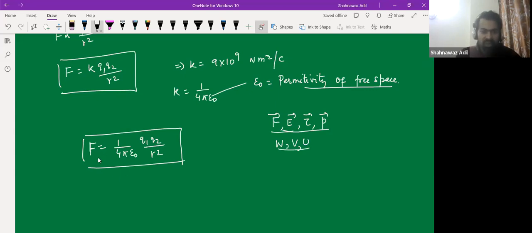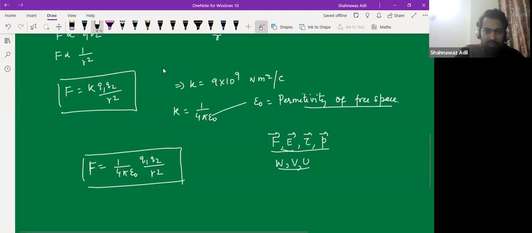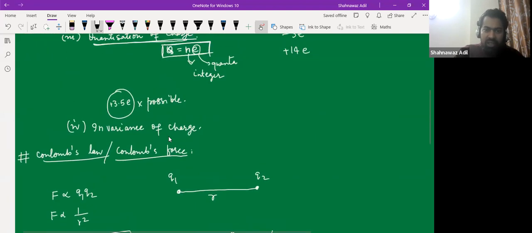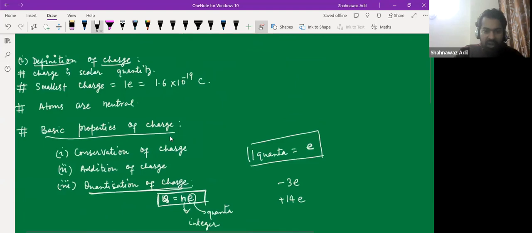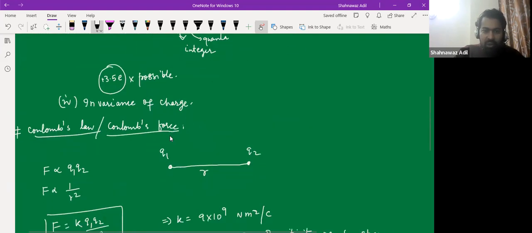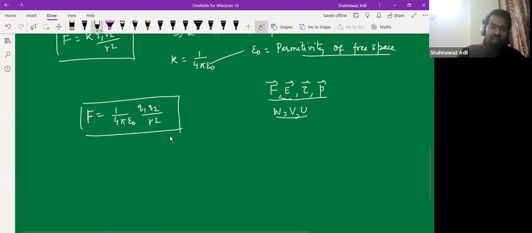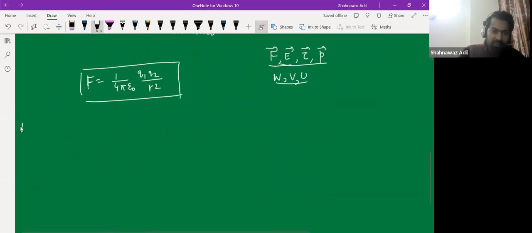Force is a vector quantity, and we need direction to represent that. So how do we get the direction? Direction depends on the polarity of the charge. Equal charges will repel each other.